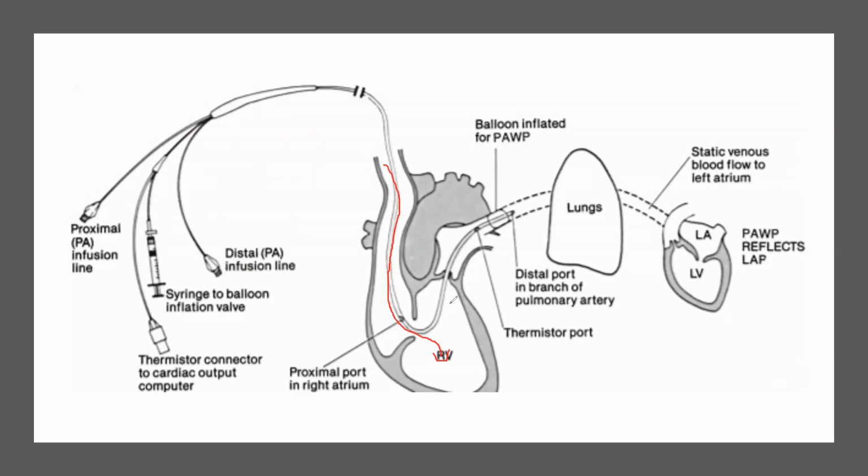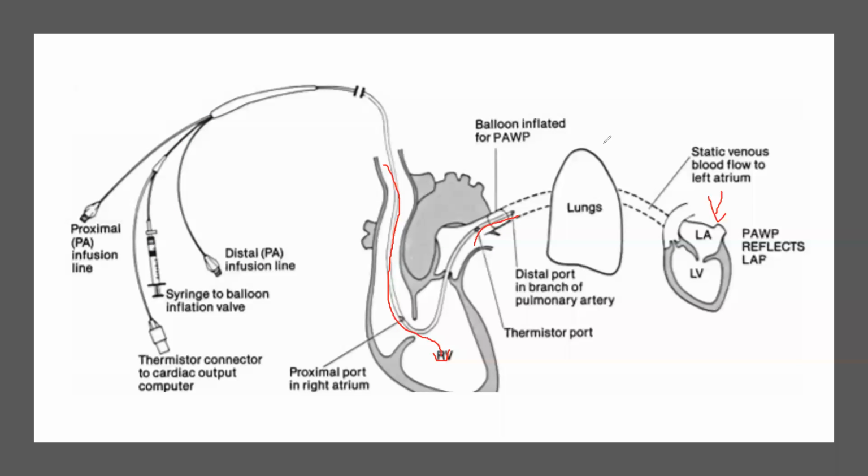Now, when the catheter goes all the way through the pulmonic valve and into the pulmonary artery and one of the tributaries of the pulmonary artery, we're therefore able to measure pressures on the left side of the heart. So how is that possible? How can you measure pressures on the left side of the heart? And why would we want to measure pressures on the left side of the heart?